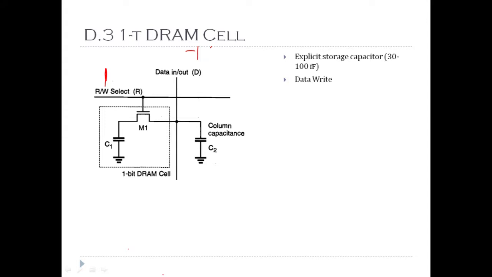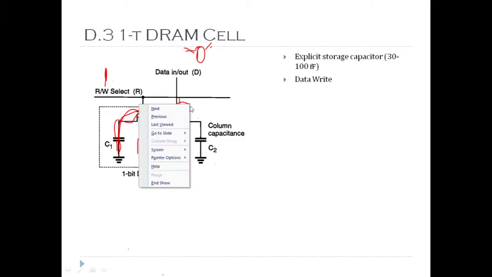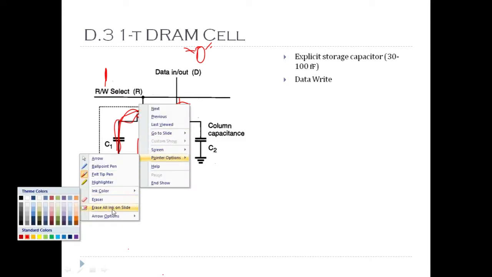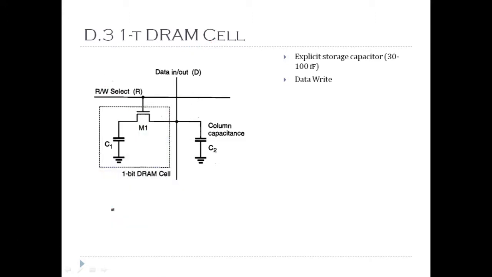Because this row select is 1, the gate input of M1 goes high, so M1 is on, and if the data input line carries 1, the higher voltage is connected to C1, so the capacitor charges through it. And if it is already carrying 1 and now you want to write 0, the data input carries 0 and the capacitor discharges through it. So this is how 0 is stored. It's a very straightforward and easy operation.